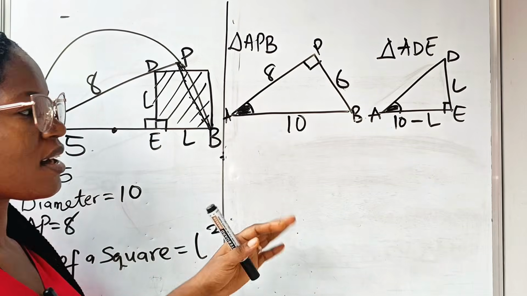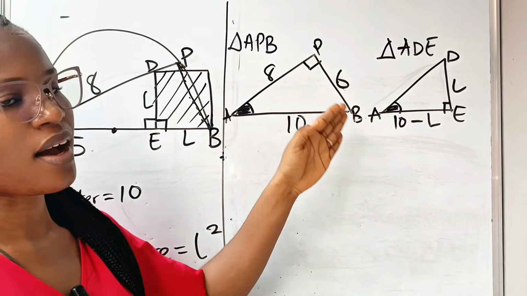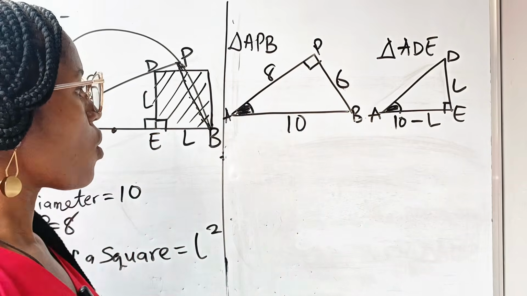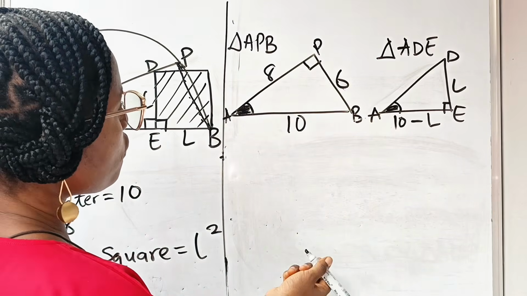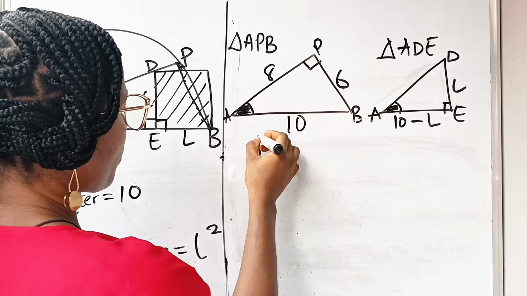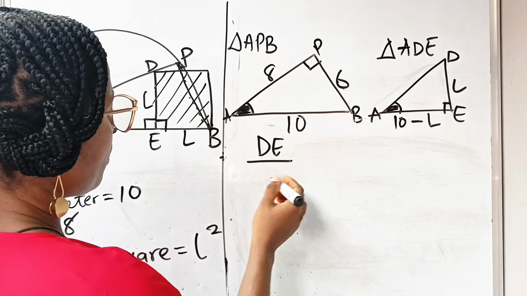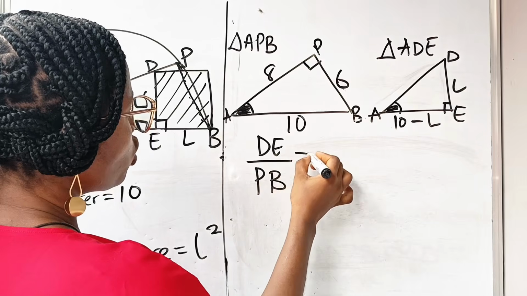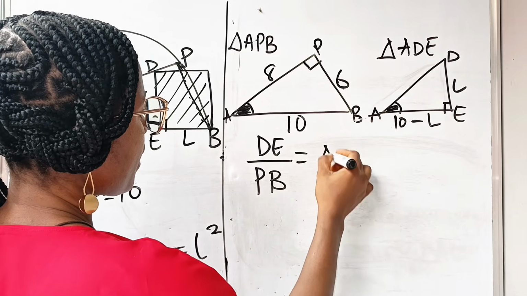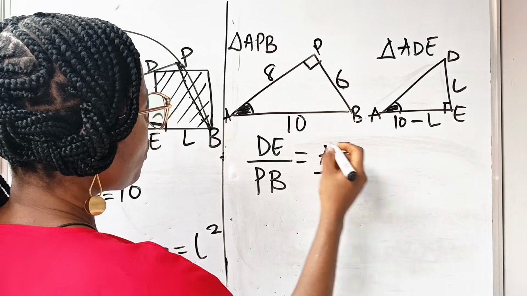Okay, so we're almost at the end of it. Let us see if we can bring out the ratios. DE over PB should be equal to AE over AP.